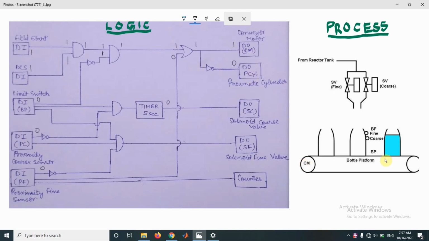It can be seen from the process diagram as well that when the conveyor motor is running, the bottle moves from one position to another, and when the bottle is right under the solenoid valve as detected by the limit switch, the conveyor motor would stop, and this pneumatic cylinder which is placed here would raise the bottle platform before the bottle could be filled by the solenoid valve.